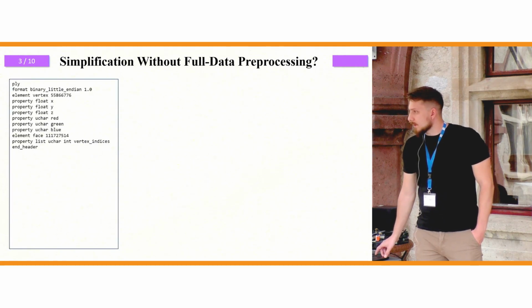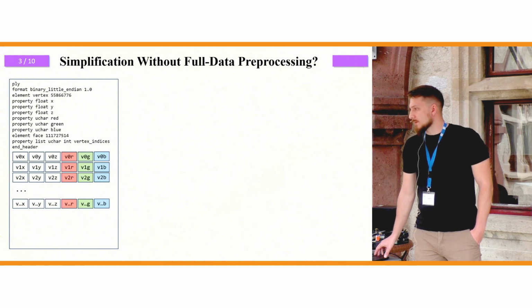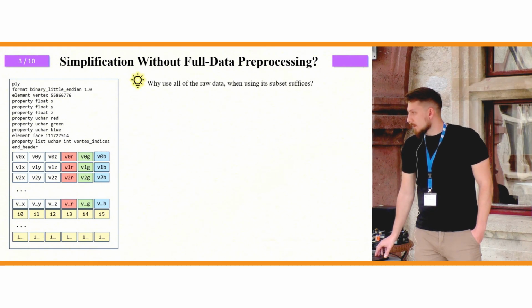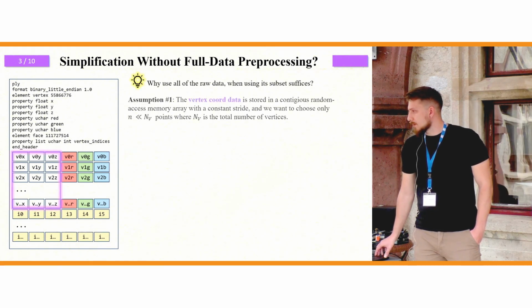So this is the Apollo dataset. It's a binary PLY file from the 3D scans. The vertex data is ordered in some size with some stride, and then you have some vertex index data for the polygons. This is the original question.